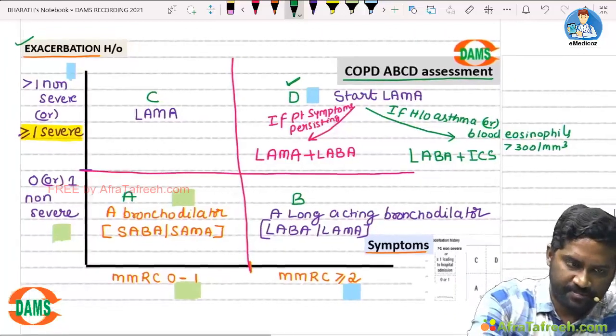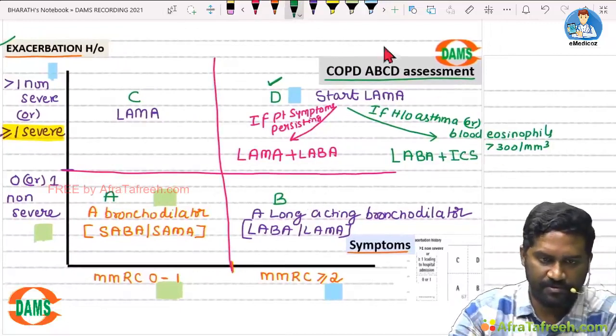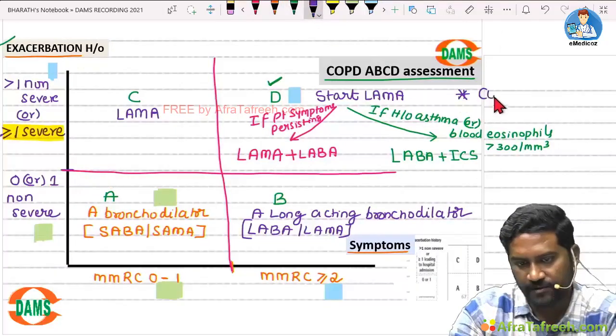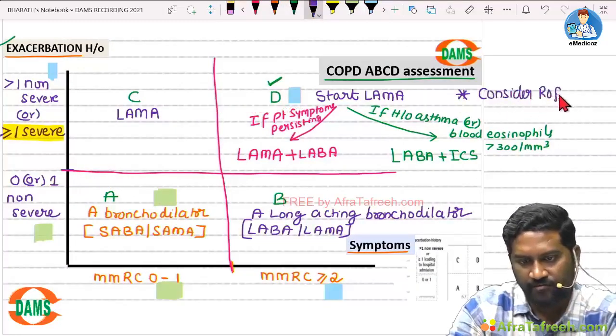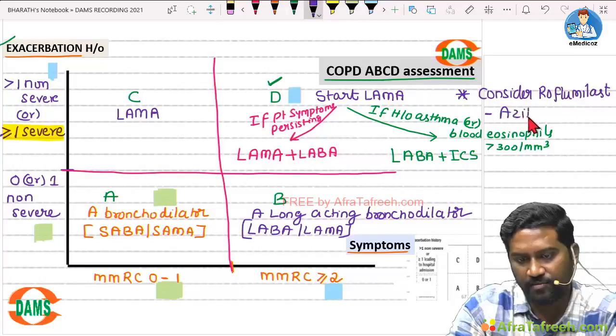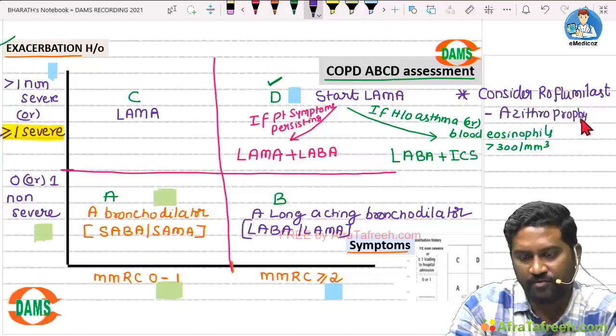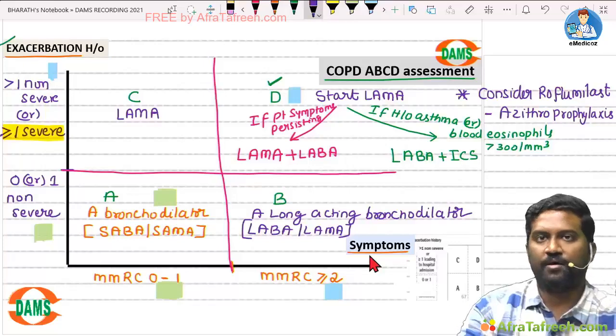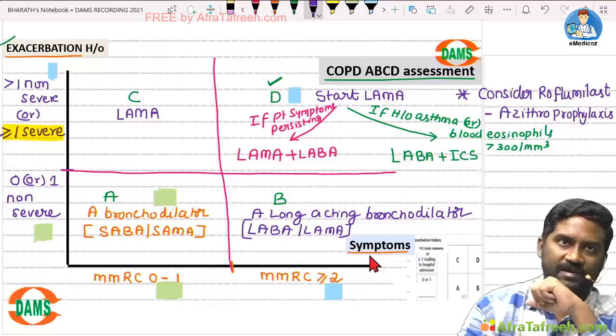Apart from this, in this group you should use all your treatment options. So you can consider roflumilast, and also azithromycin prophylaxis. This is a group where the patient requires utmost attention. That's why I am using all the possible options.